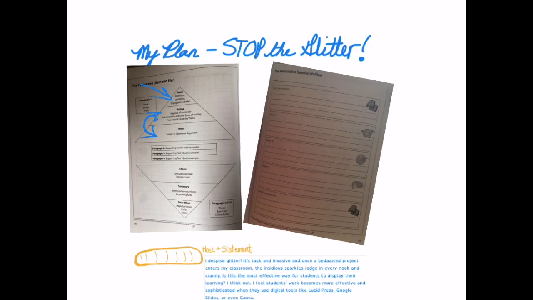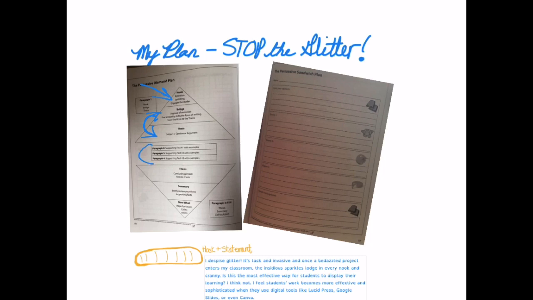It's about using technological tools, and that I feel that using things like Lucid Press and Canva are better than posters. And so my argument is stop the glitter. But does it really have to do with glitter? No, that's my hook to bring you in.